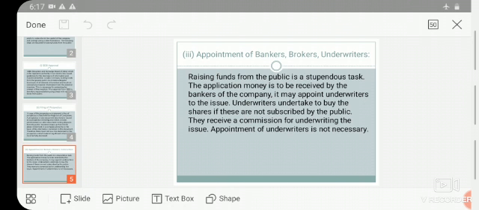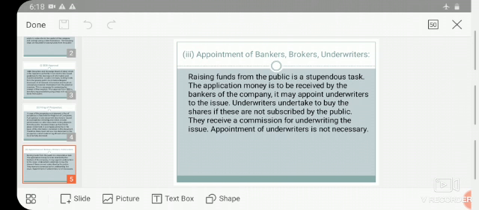On the other hand, the brokers are the people who sell the shares of the company by distributing the forms and encouraging the public to apply for the shares. They put effort into selling the shares of the company to the public, for which the company rewards them in the form of brokerage.